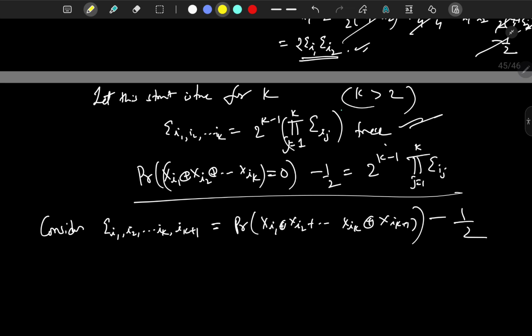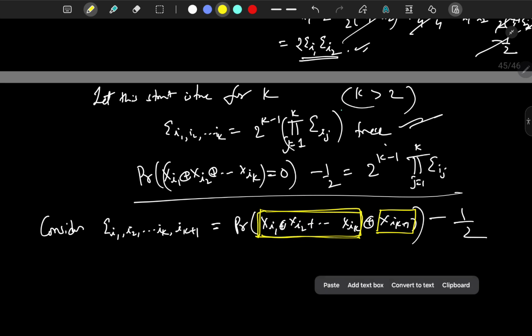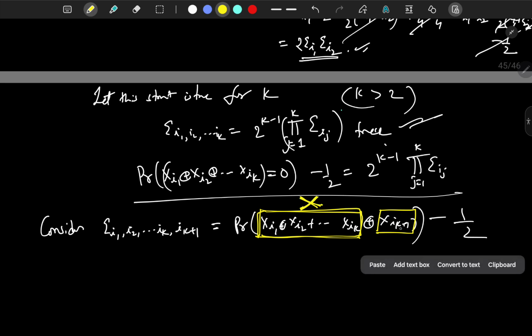Now what I am doing is treating this whole thing as a variable. Let's name it as some X, so capital X with X(I(k+1)) equals minus 1 by 2. Can I write like this?